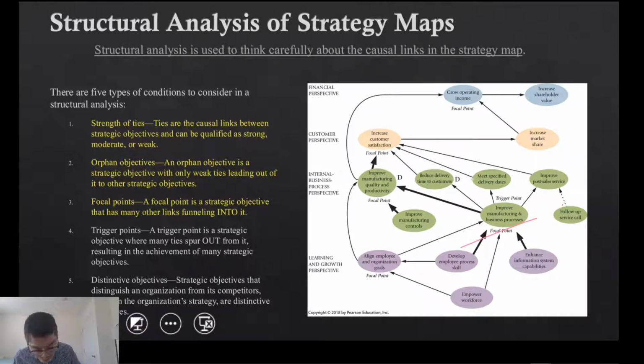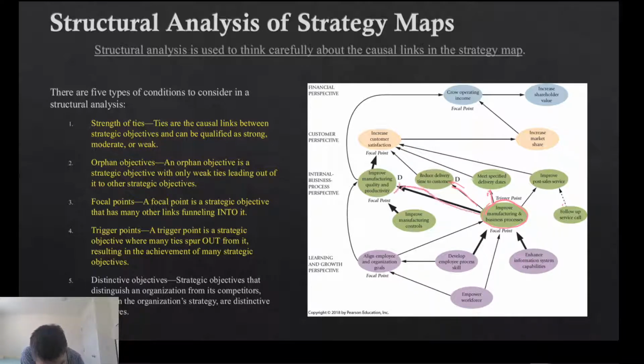And then the fourth one is trigger points. A trigger point is a strategic objective where many ties spur out from it, resulting in the achievement of many strategic objectives. So for example, improve manufacturing and business process is a trigger point because many ties spur out of it.